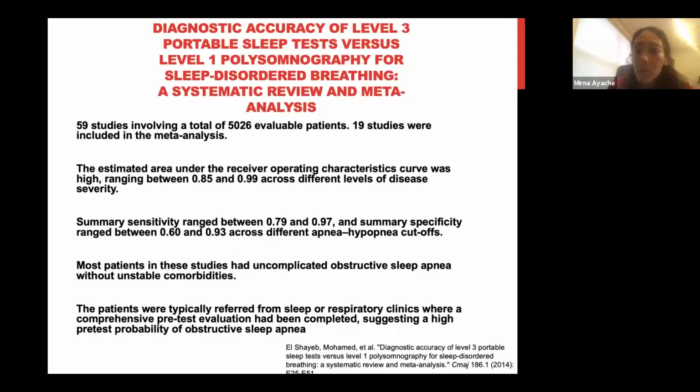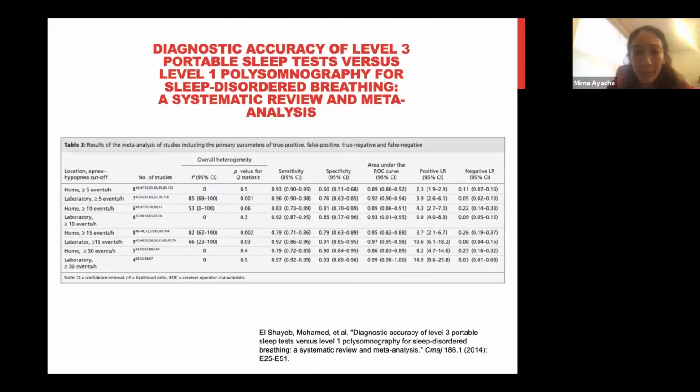But again, that was in a population with high suspicion for sleep apnea and with uncomplicated sleep apnea, not complex sleep apnea, and mostly simple comorbidities, not complicated ones. So the level 3 has a higher accuracy, obviously, compared to the level 4, which is expected.